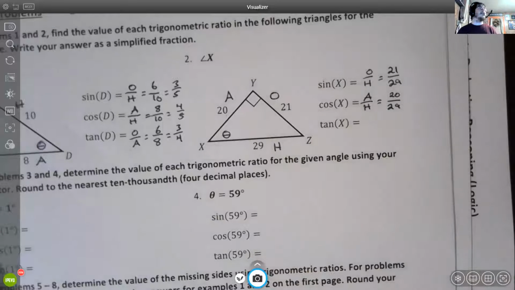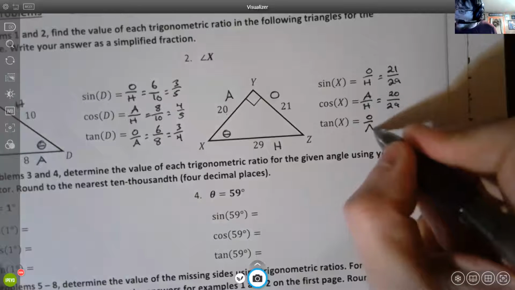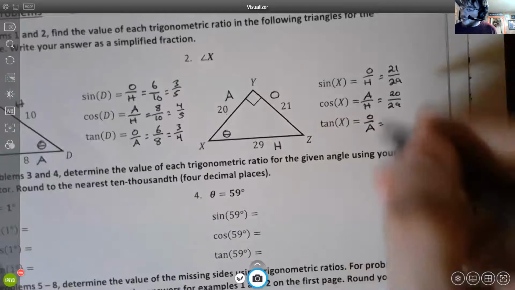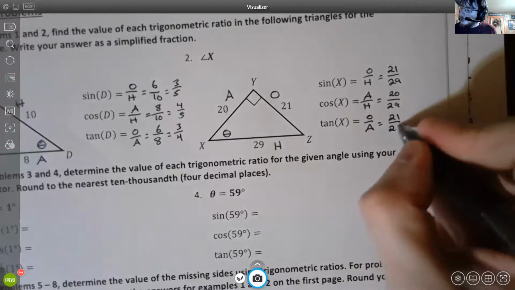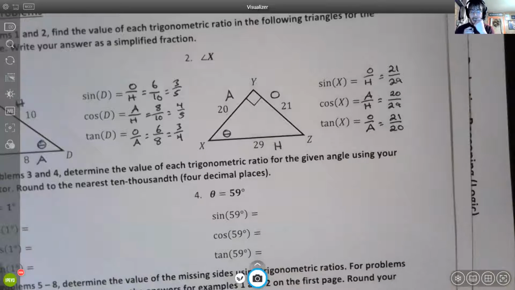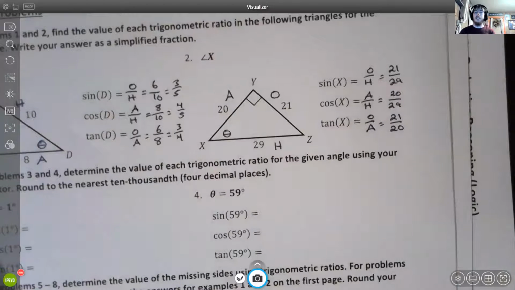And again, that's in our simplest form. And then finally, tangent of X is O over A, and O over A is 21 over 20, which does not simplify either. So make sure that you simplify those completely, because if you answer it on the quiz, test, or whatever else, they always want it in simplest form.